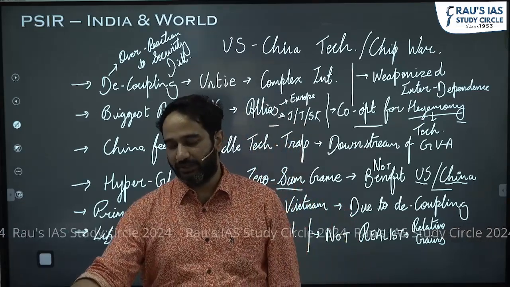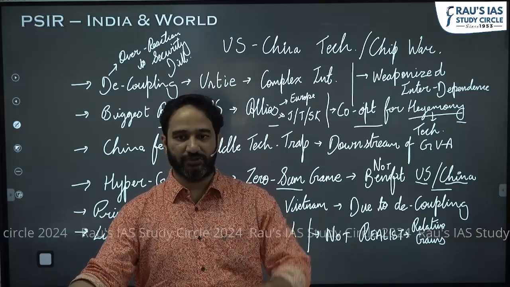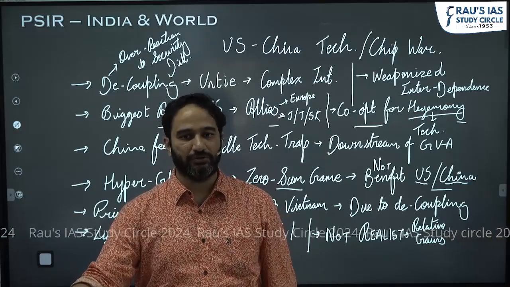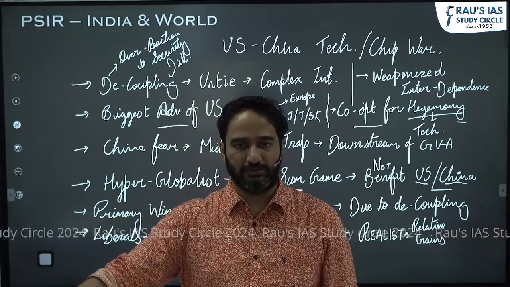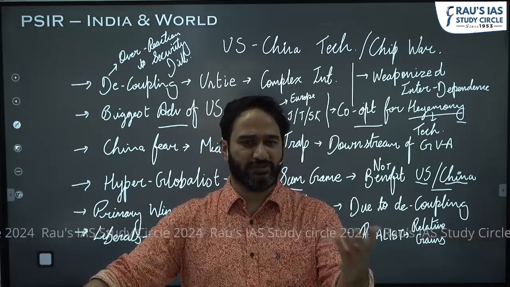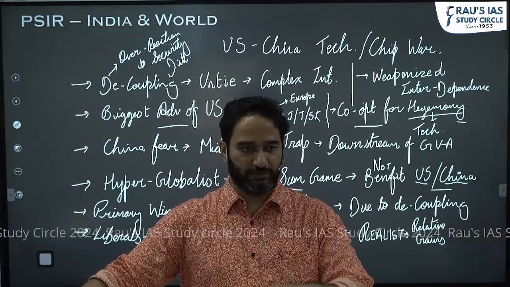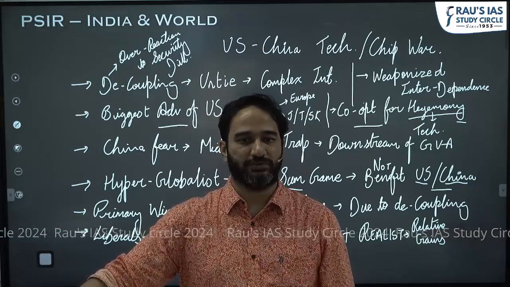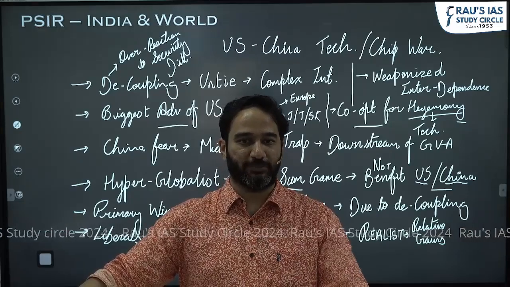When India was importing uranium for Tarapur, before our first Pokhran test, we were importing uranium for Tarapur from Canada. India undertook its first nuclear test, Pokhran 1. And then Canada, because of American pressure, stopped exporting us uranium. And that is weaponized interdependence.